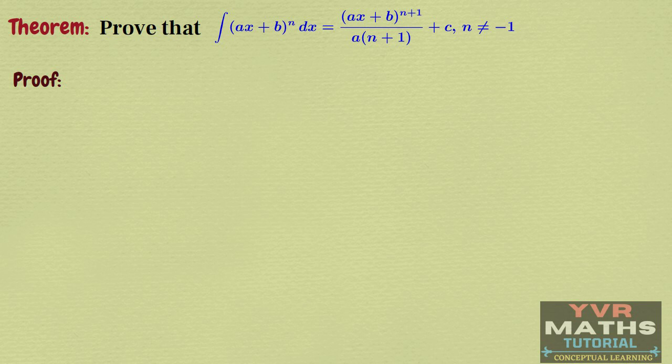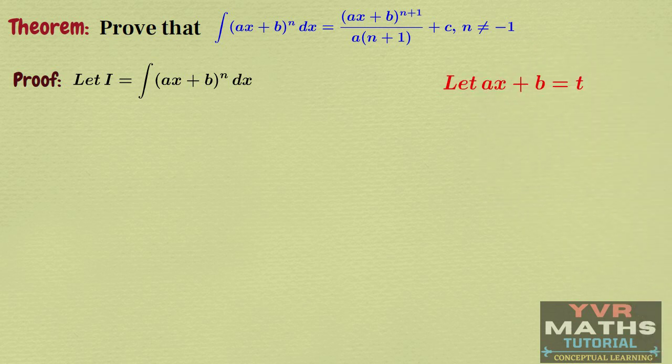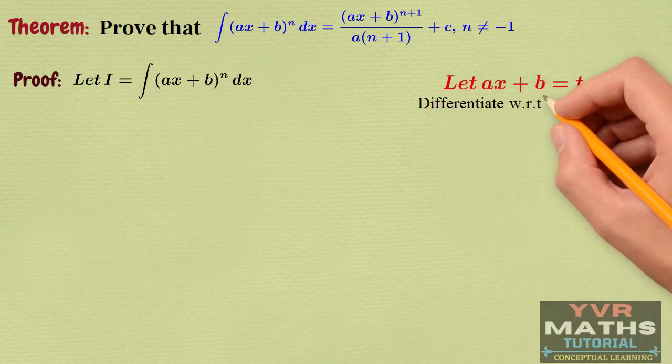First of all, I will consider the LHS part of the given integral as capital I. Then let I is equal to integral of (ax plus b) whole power n dx. From the given integrand, let ax plus b is equal to t. Differentiate this with respect to x.